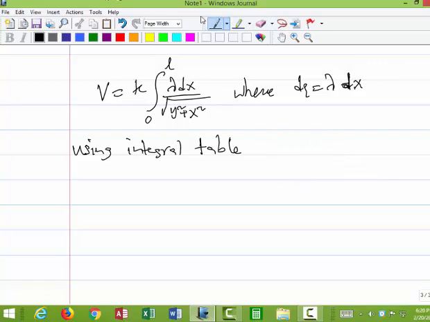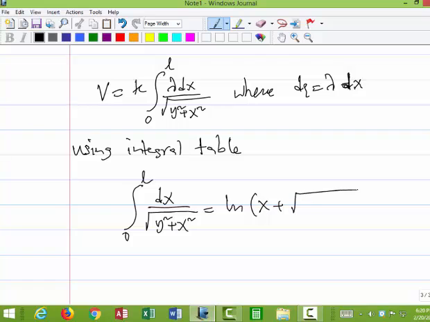So the integral from 0 to L of dx over the square root of Y squared plus X squared is equal to the natural log of X plus the square root of Y squared plus X squared, from 0 to L.